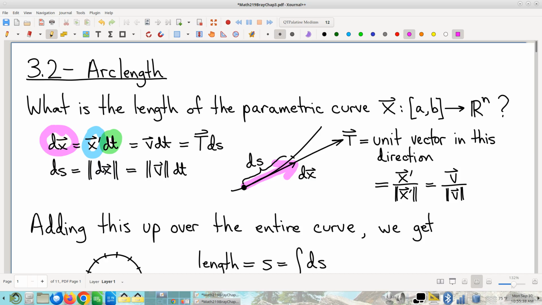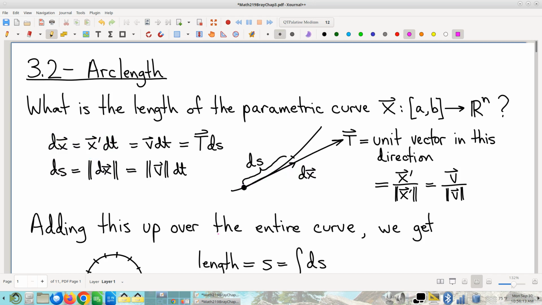I like to call it the position differential, because that's literally what it is. x tells me the position. dx, differential, means a linear estimate of a change. So this is our linear estimate of how much our position changes: velocity times time. Right? Is that cool? All right, so position differential, sometimes I call it the vector differential, whatever.